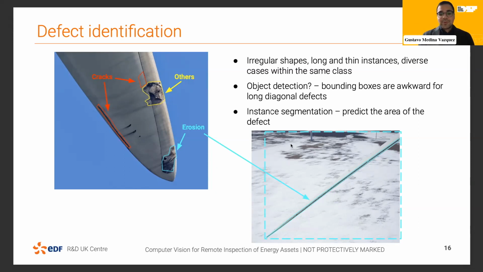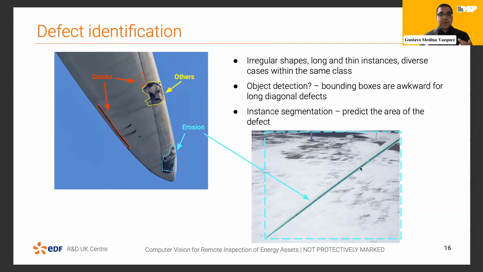In the example that I'm showing on the bottom right, the dashed line represents what the bounding box would be for the erosion defect showing on the edge of this blade. And as you can see, the actual area of interest is probably less than 3% of the area of the bounding box. So instead of going for object detection using bounding box annotations, we were forced to use polygon annotations and instead pursue an image segmentation approach.